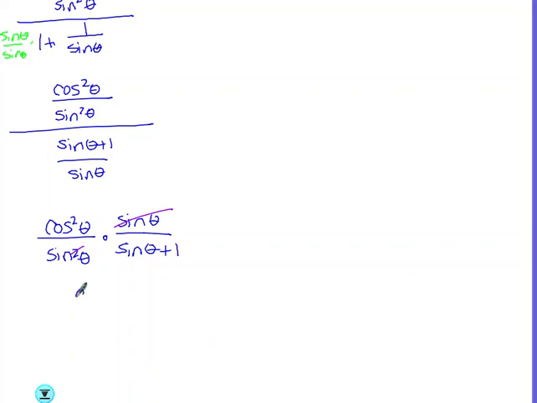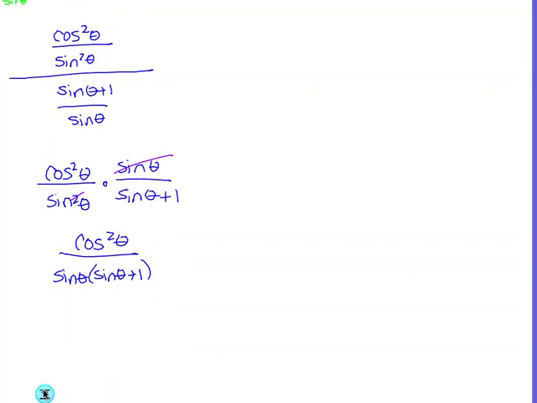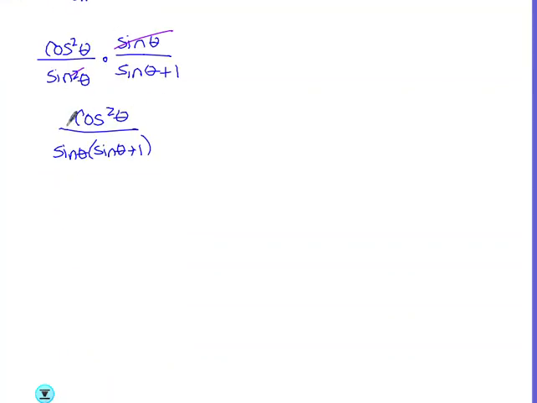So now I have cosine squared theta over sine theta times sine theta plus 1. I'm going to go ahead and use Pythagorean identity on the numerator here and change cosine squared theta to 1 minus sine squared theta.